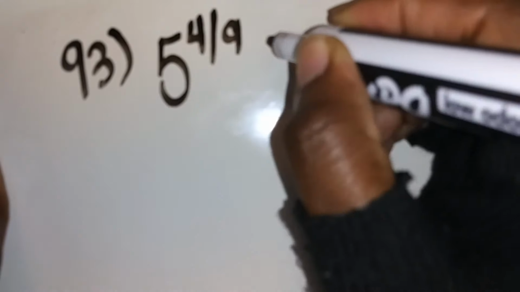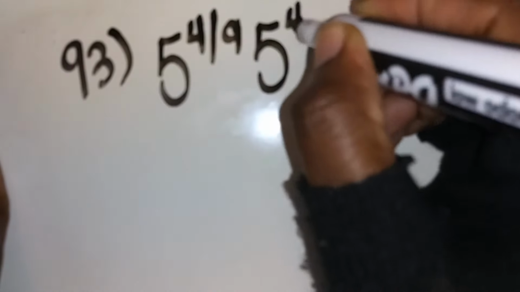Go to the next section and let's look at number 93. It says perform the operations. Write answers without negative exponents. Assume that all variables represent positive numbers. So for number 93, we want to definitely apply those property exponent rules. I have 5 to the 4 over 9 times 5 to the 4 over 9.